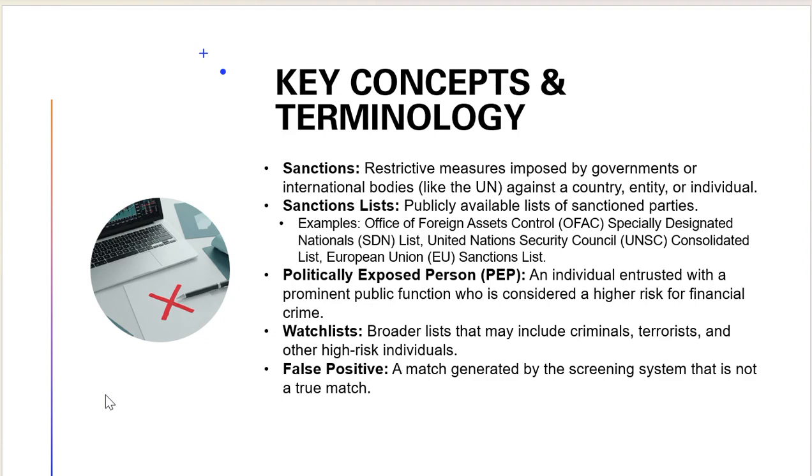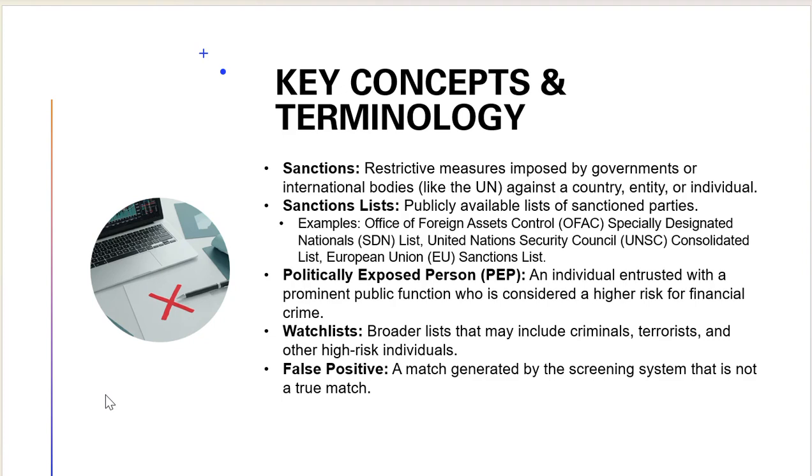Next, the watch list. It is a broader list that may include criminals, terrorists, and other high-risk individuals. The watch list includes the names and other details of criminals, terrorists, and high-risk individuals. And then false positive is also a key terminology. It is a match generated by the screening system that is not a true match.